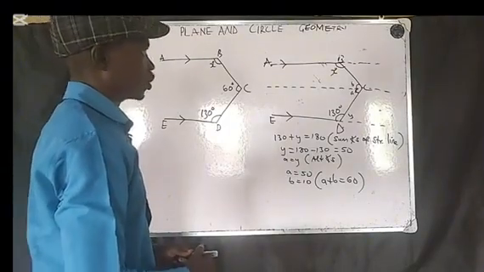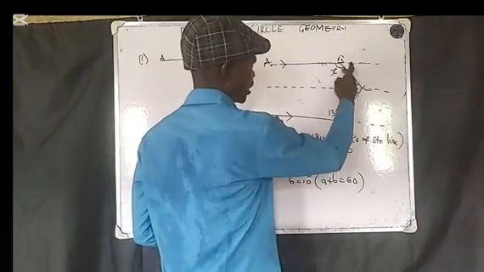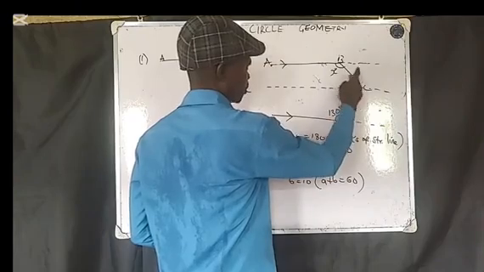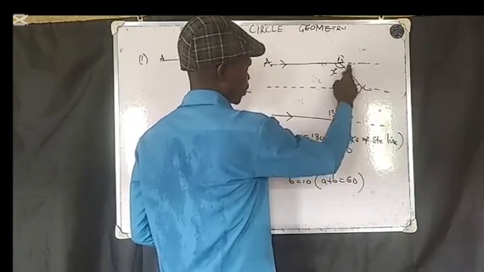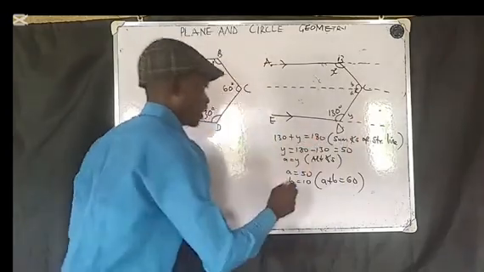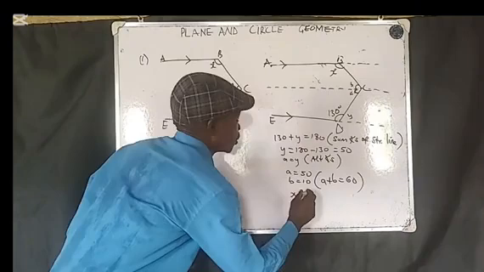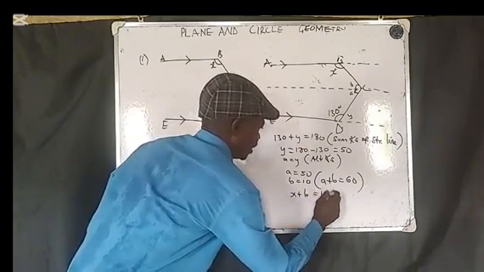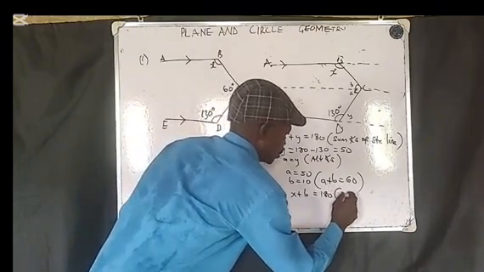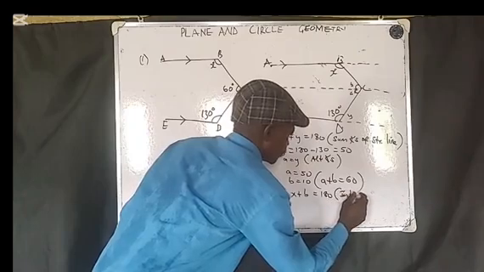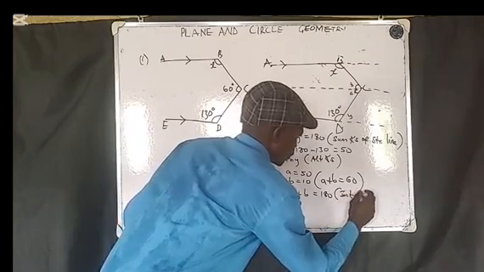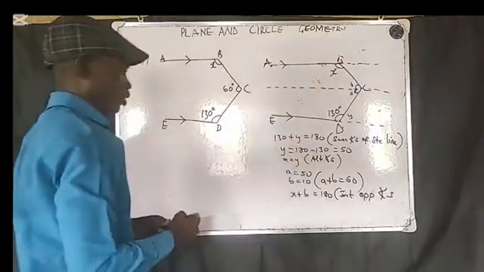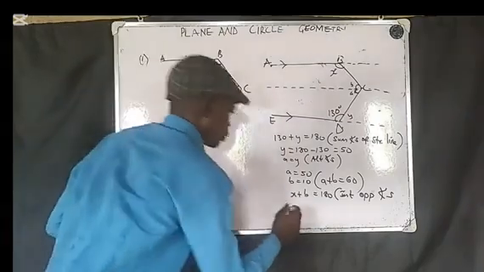Then to get our X, you will notice that X and B are interior opposite angles. Both of them add up to 180. So we say X plus B equals 180, interior opposite angles.